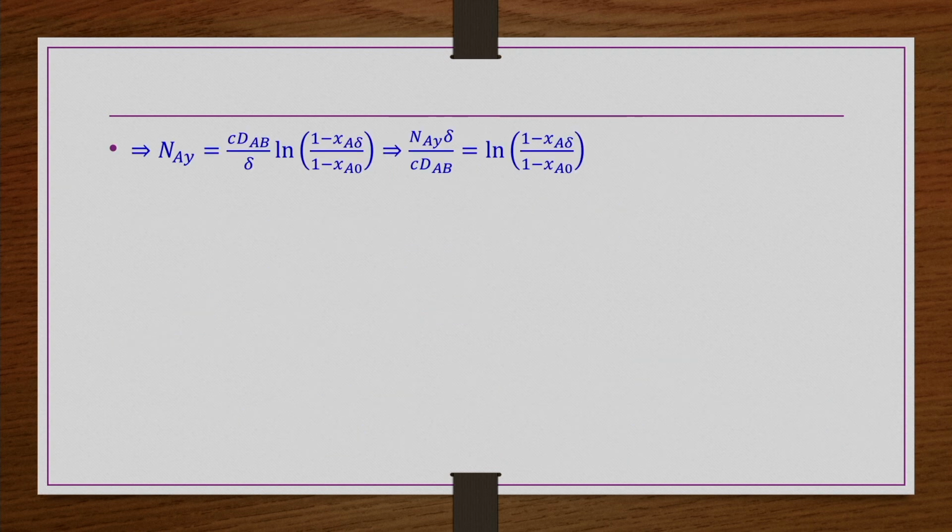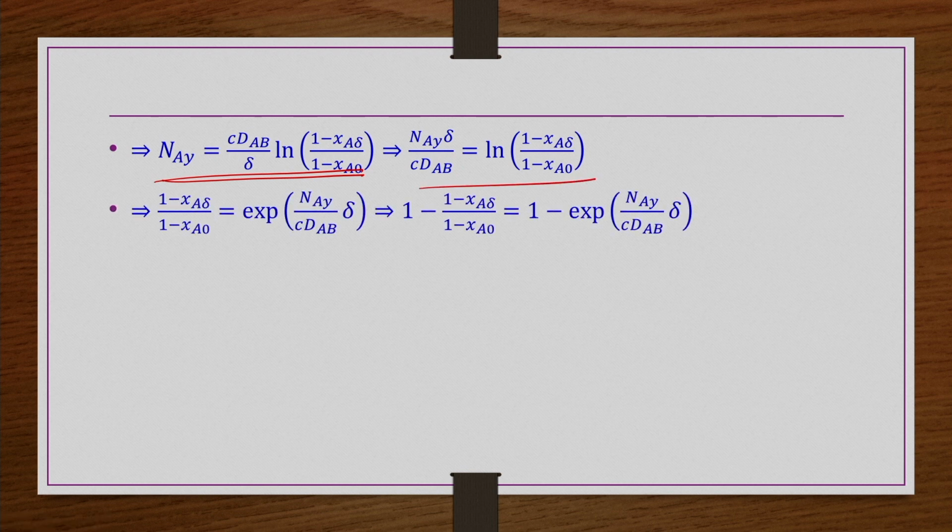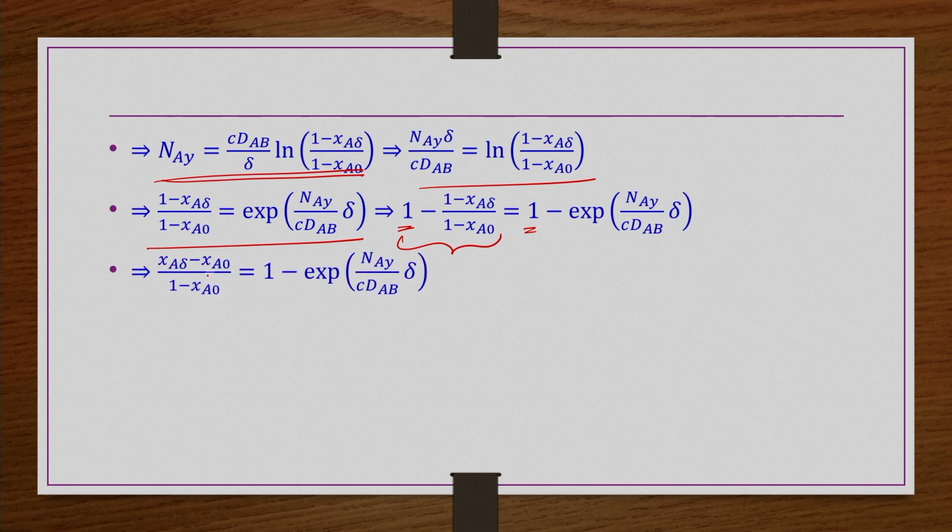So NAy equals this one we have. From this equation I can write NAy δ/(C DAB) on one side and the ln terms on the other side. Then I am taking the exponential here. Then I am multiplying by minus 1 on either side and adding plus 1 on either side. In the left-hand side I am doing the LCM, so that I have (XAδ - XA0)/(1 - XA0) equals the right-hand side term as it is, right.